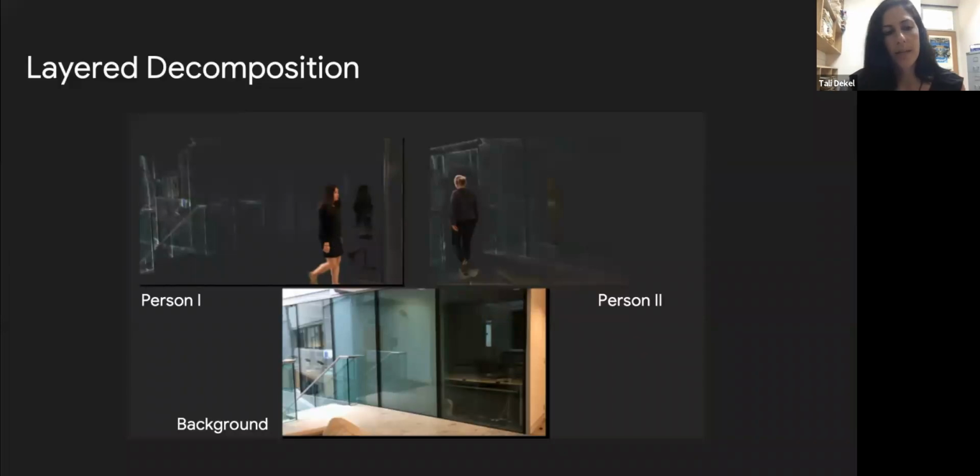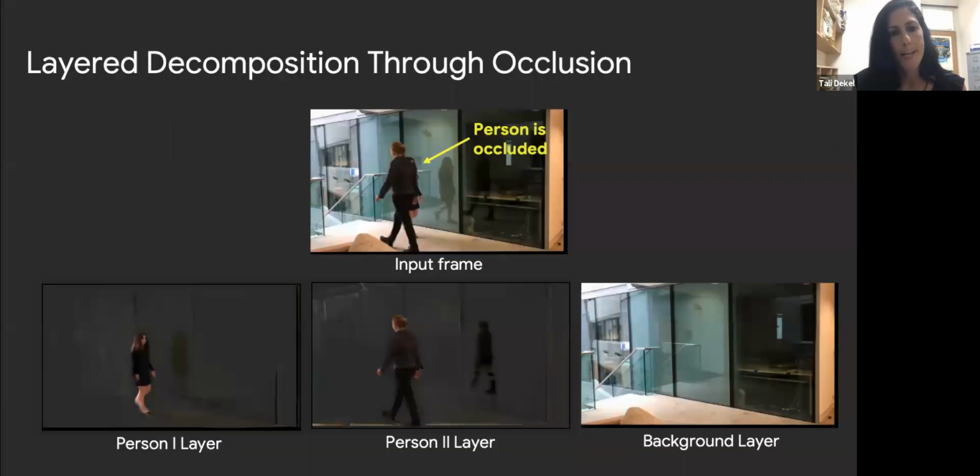So here you can see again the reflection on the glass in each of the person's layers. We also have a background layer, as you can see here. And another key feature of our decomposition is that it provides a full body estimate of the person in each layer. So even if the person is occluded in the original frame, it will be fully reconstructed in their layers.